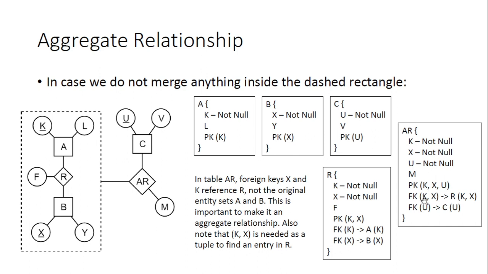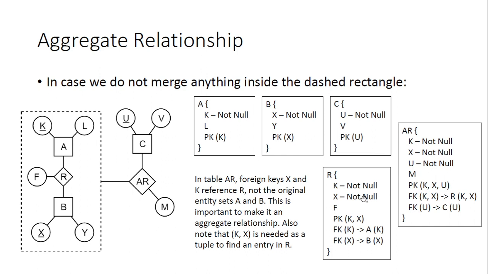So for K and X, the foreign key is going to refer as a tuple to the primary key of the table R. And for this other side, I need to keep a foreign key that is going to refer to C's primary key, which is U. So I store a U in this table AR. And for this U, it is going to be a foreign key referencing the U in C. So for this aggregate relationship, since it is many-to-many, my primary key is going to be the combination of all the foreign keys. And we also have this additional attribute M here.